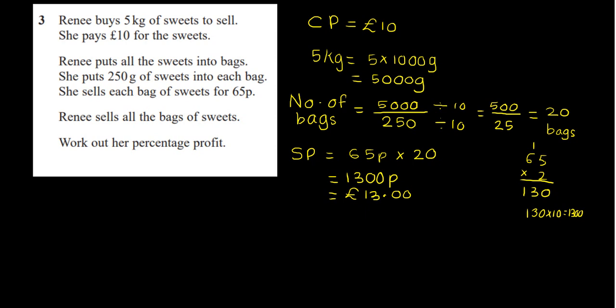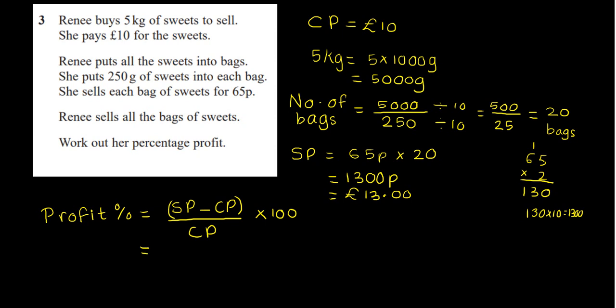Right. Work out her percentage profit. So profit percentage is your profit, which is selling price minus the cost price, and you divide it by the cost price times 100 to work out your profit percentage.